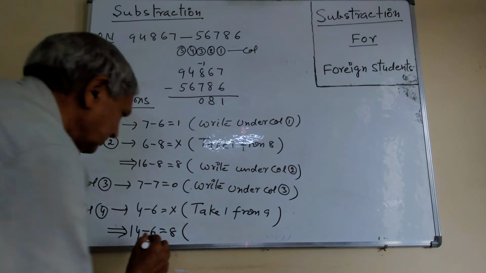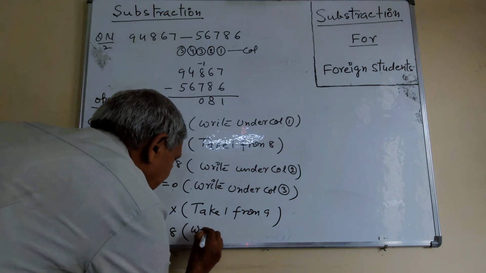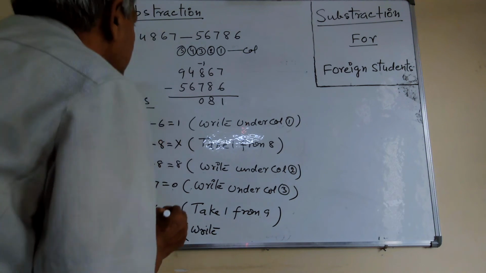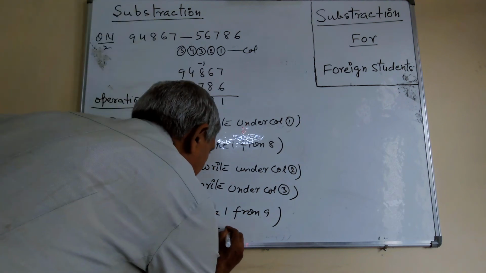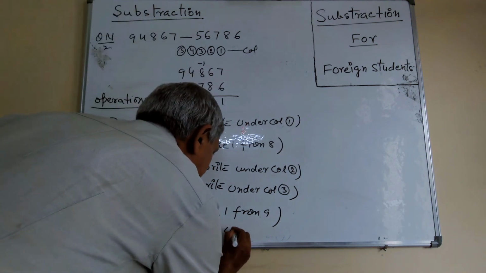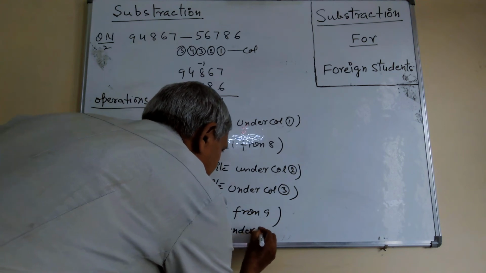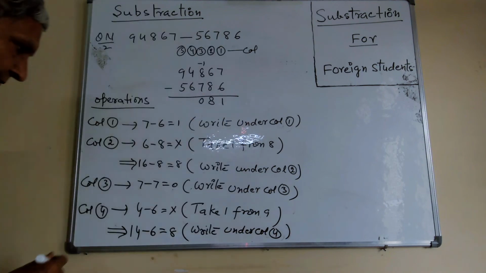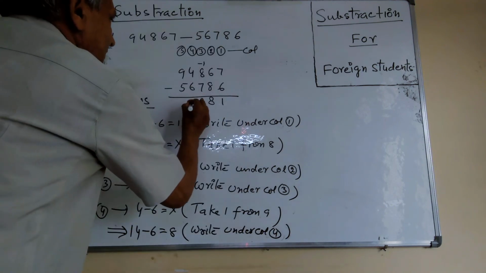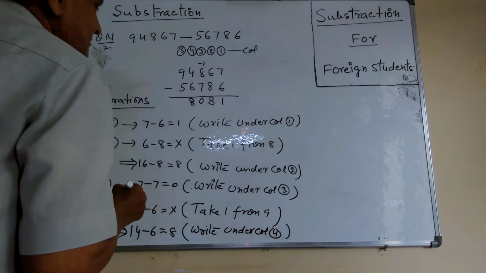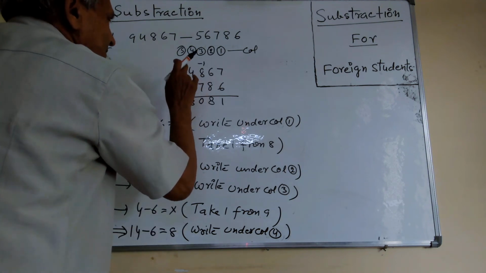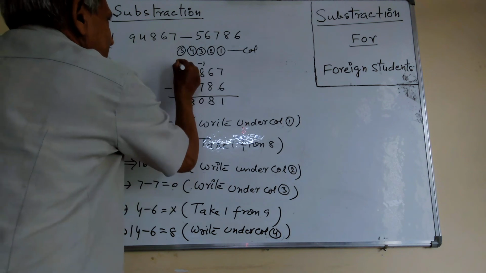This 8, write under which column? Fourth column, 8. Now again, we have taken 1 from 9.